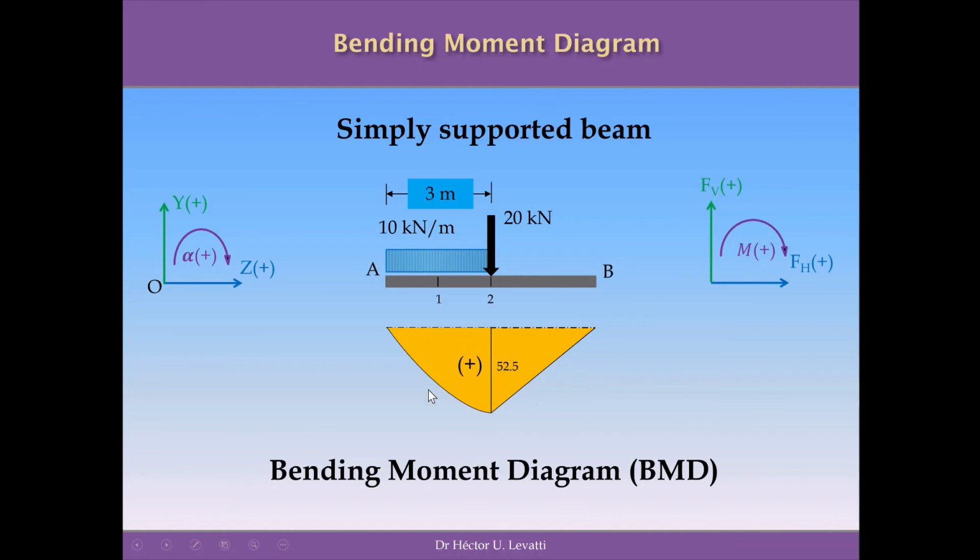So now we have this diagram and we are able to know the value of every moment at every cross section of the beam, because we just need to measure the distance from the reference line to the function that describes the distribution of the moment, and we'll have the moment at any point or any cross section of this beam.